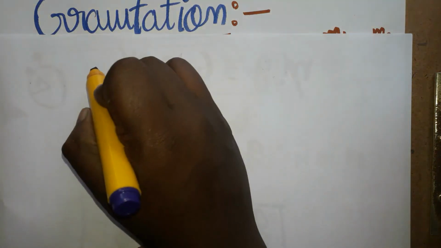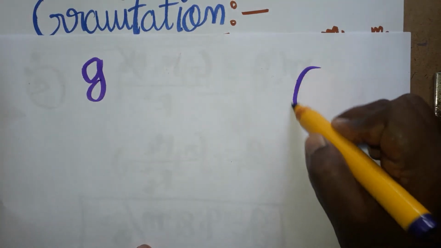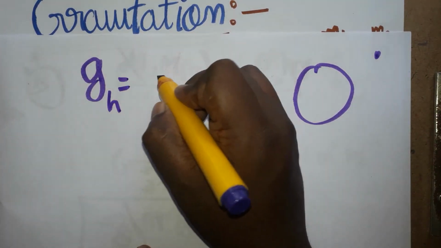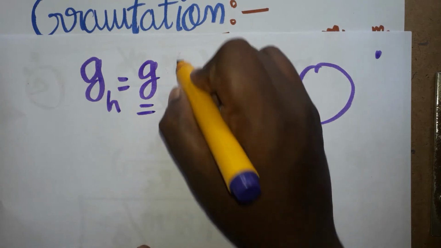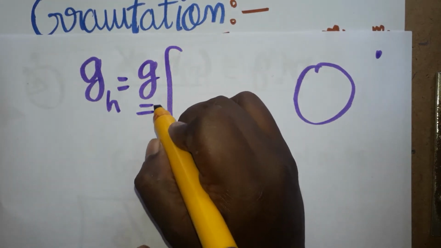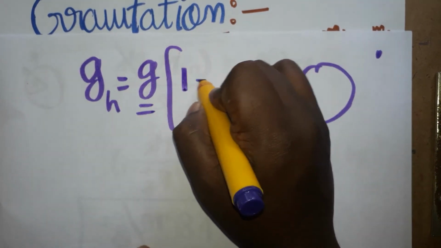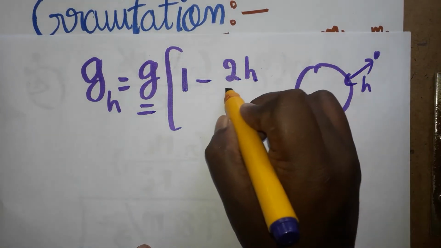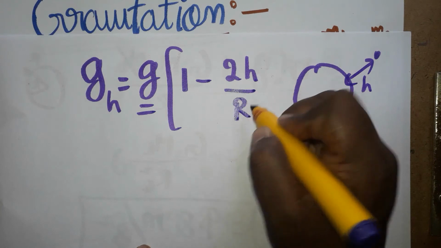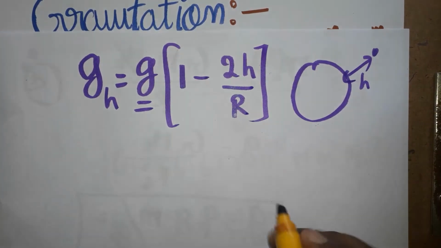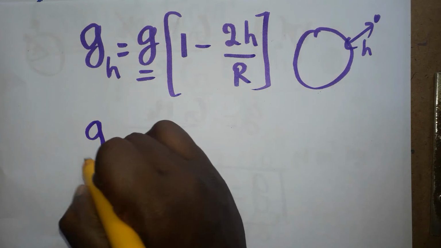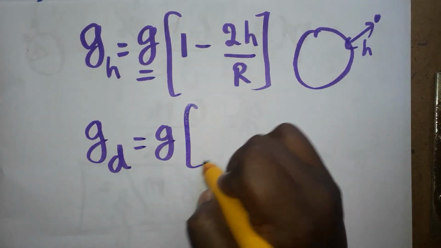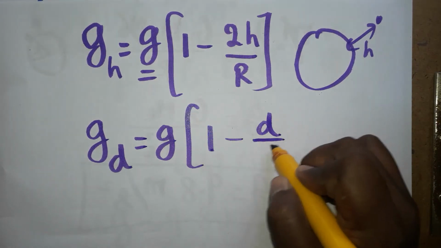Next thing, gravitation at a height. For an object or satellite at some height, what is the gravitation? It is g times, where g is the acceleration due to gravity on the earth's surface, 9.8 meter per second square, 1 minus 2h divided by r, where h is the height of the object and r is the radius of the earth. Another thing, gravitation at depth: gd is equal to g, the acceleration due to gravity on the earth's surface, times 1 minus d divided by r.